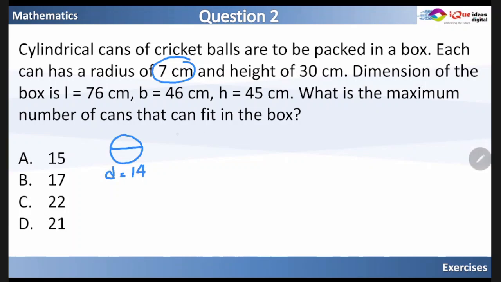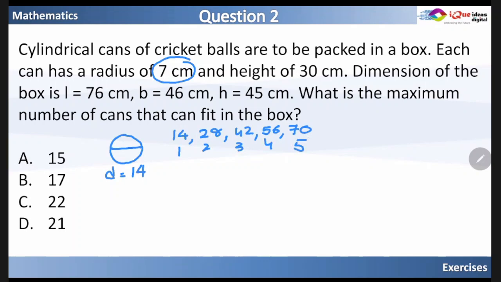That means if I put just one ball, it will occupy 14, two balls will occupy 28, three balls will occupy 42, four balls will occupy 56, five balls will occupy 70, and so on. In multiples of 14, the length will be occupied by the balls.